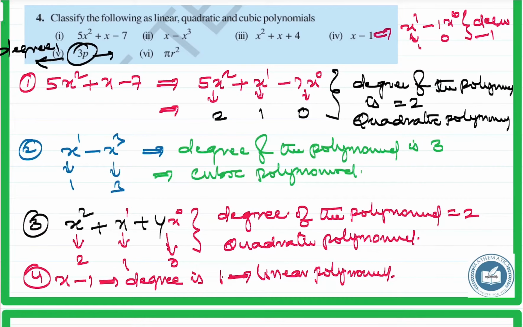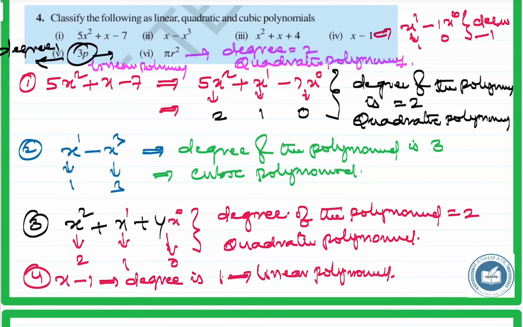Next, the last one. Here the degree of pi r square is 2 and this one is a quadratic polynomial.